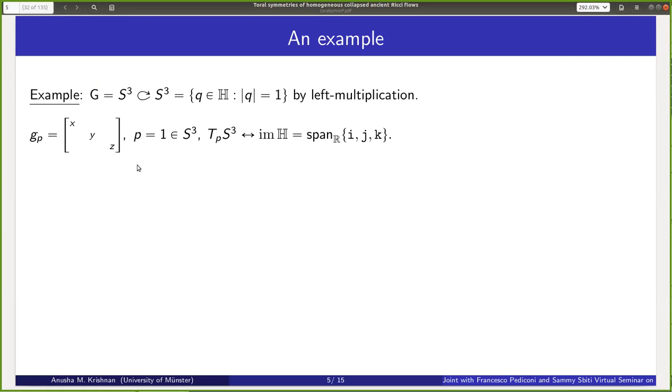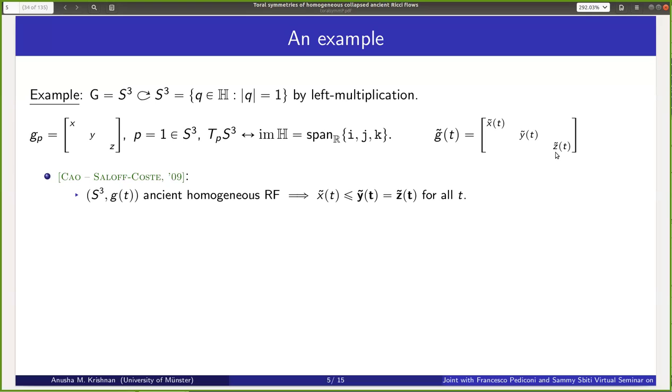So this is what a left invariant metric on this manifold looks like. And now we will be interested in looking at the Ricci flow behavior. I'm going to state things in terms of the normalized flow. It turns out that this diagonal form of the metric is preserved, and I'm going to denote the eigenvalues of it like so.